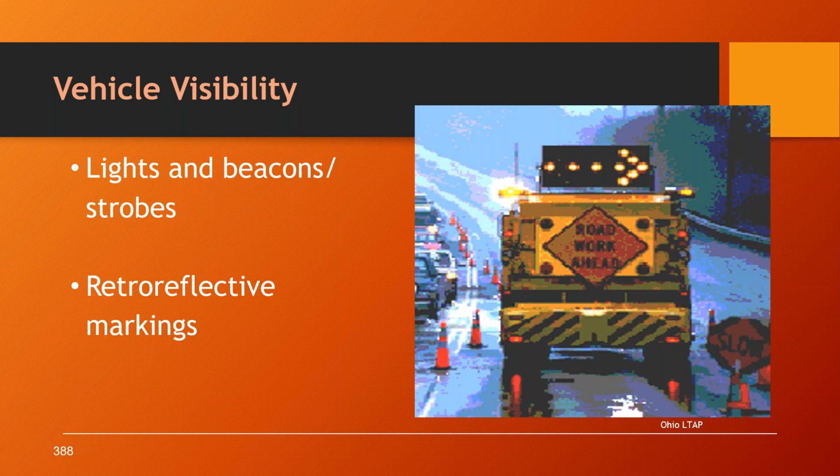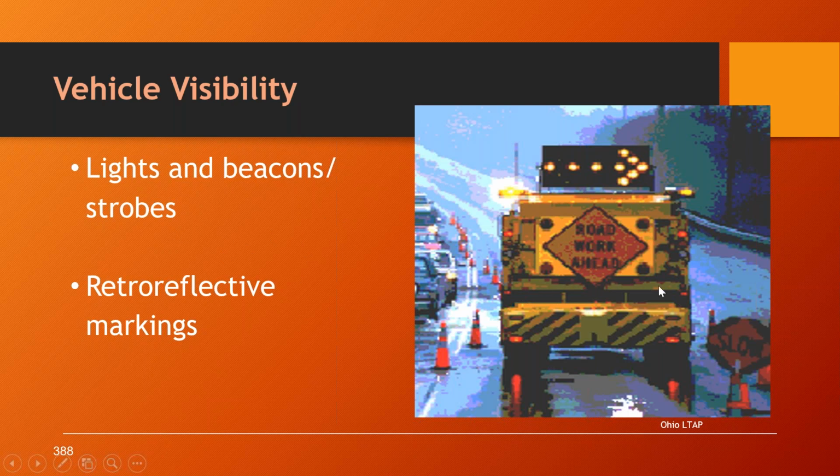So you have to abide by, like in that case, typical application number 17, which is a mobile operation on a 2-lane road. That's what they were abiding by with their work truck having their flashing strobes on. That's a standard. So you've got lights and beacons, strobes, and retroreflective markings on your work truck.